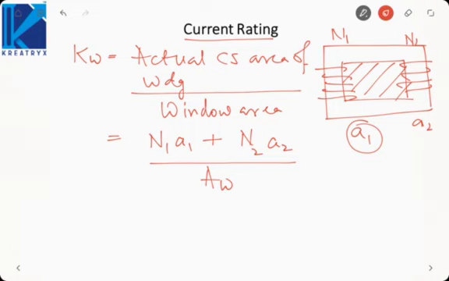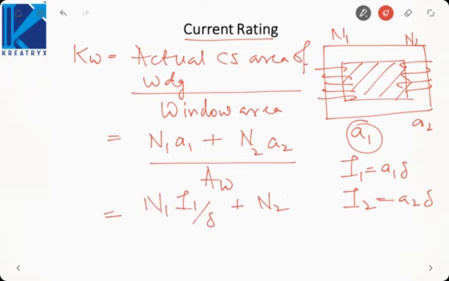So let me call I1 is equal to A1 into delta, I2 is equal to A2 into delta. So I can replace A1 by delta N2, I2 by delta divided by window area.